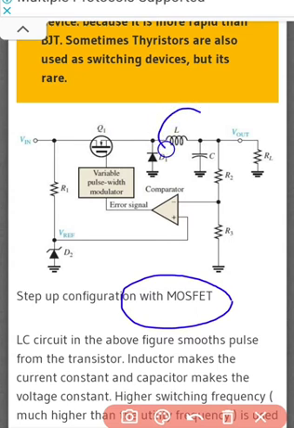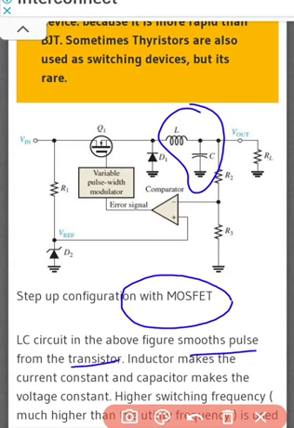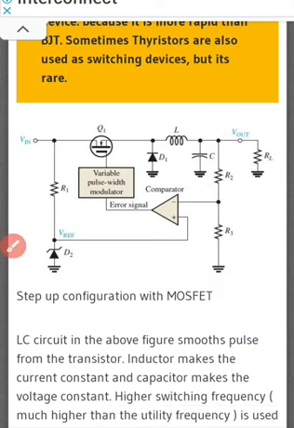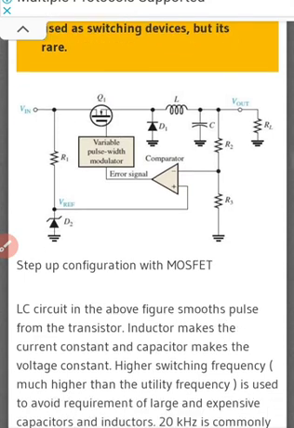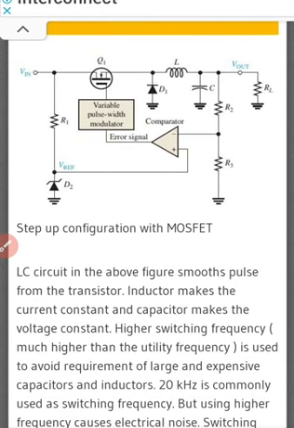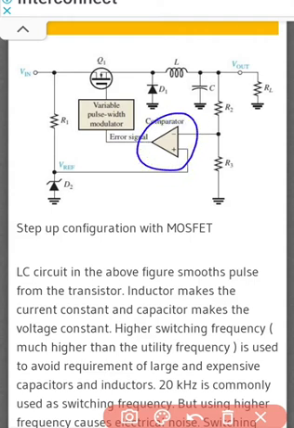The LC configuration here, the LC circuit, facilitates a smooth pulse from the transistor. It extracts from the MOSFET and supplies to the output, which is accompanied by the comparator. The comparator here is an operational amplifier, which compares the signals.